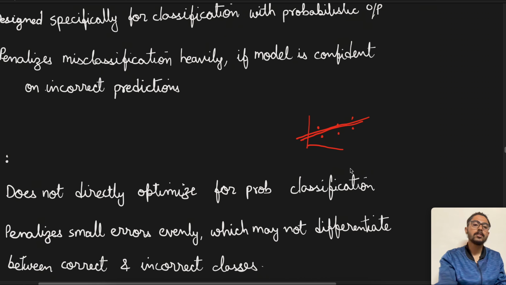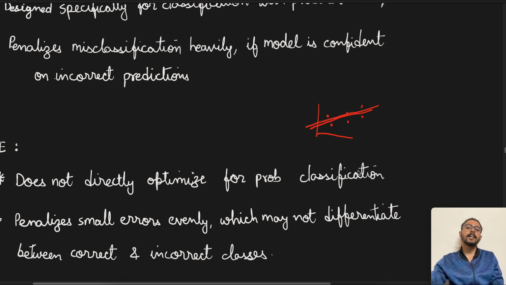The idea is to do it in a gradual way, using maybe gradient descent, and get the line to a place where the errors from the extremes are minimized. So it penalizes small errors very evenly, and it does not differentiate between correct and incorrect classes.